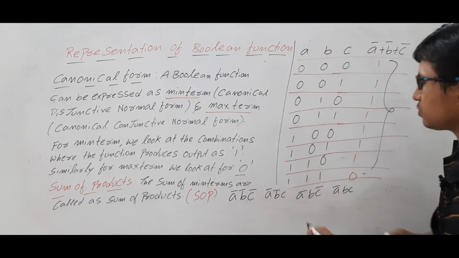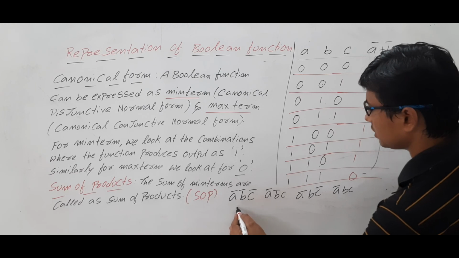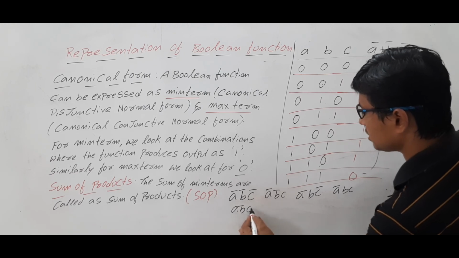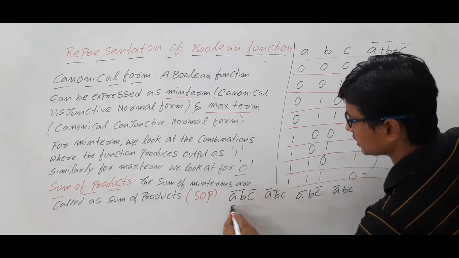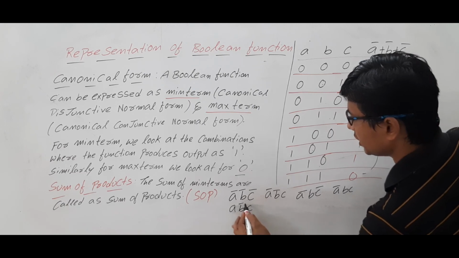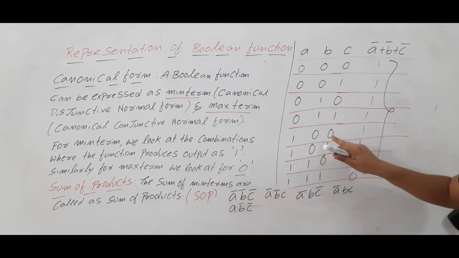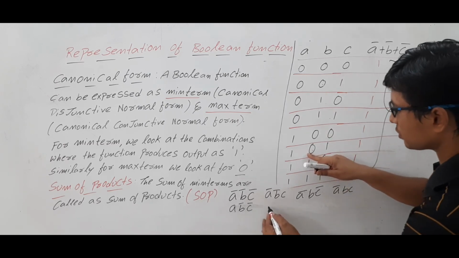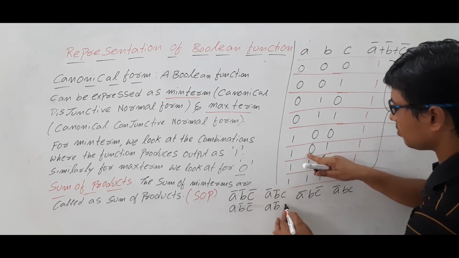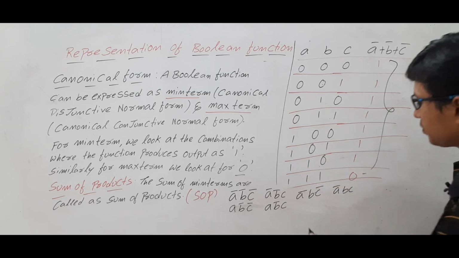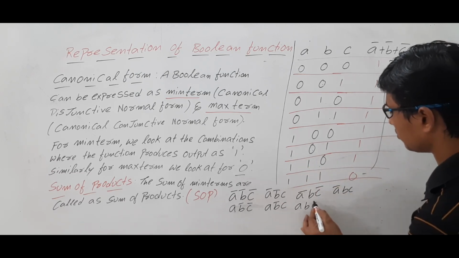And if you see this one, you have A, B complement, C complement. Let me write it clearly. A, B complement, C complement. Is it clear? A, B complement, C complement. And this will produce A, B complement, C. And this will produce A, B, C complement.